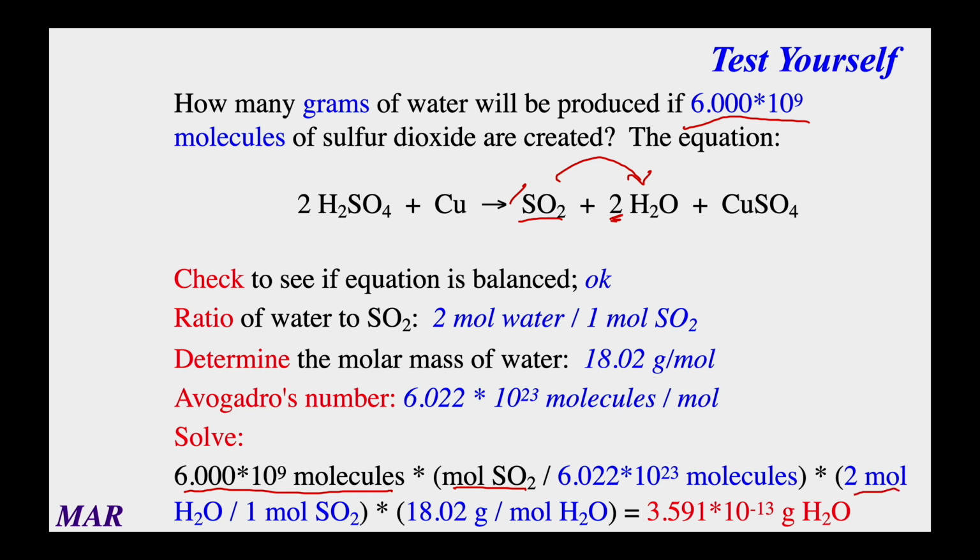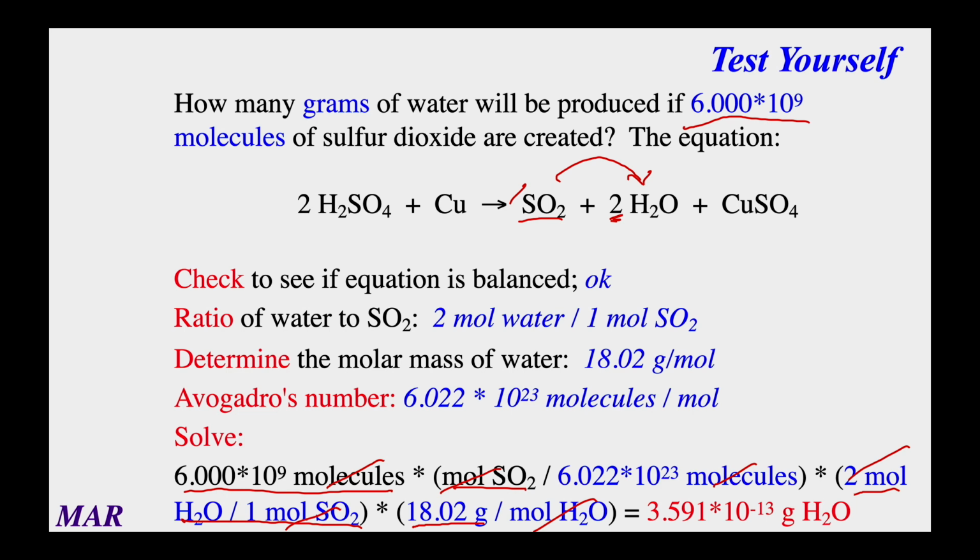That's the 2 moles H2O per 1 mole SO2. So we're canceling out the molecules in the first step. And the second step now, we canceled out moles of SO2 so that we've got moles of water. And then finally, to get it back into grams, we're going to multiply by the molar mass. So the moles of water will cancel and we'll have grams of water.